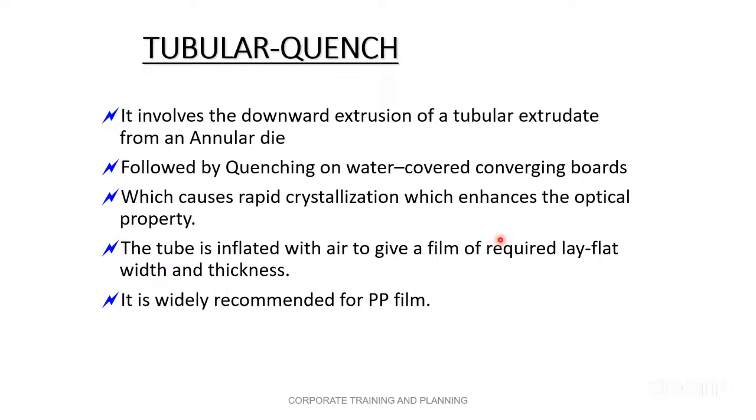If you see, when the film comes downward, it gets immediately quenched. Immediately quenched means it is cooled to 4 degrees temperature after coming through the die, which causes rapid crystallization, which enhances the optical property.